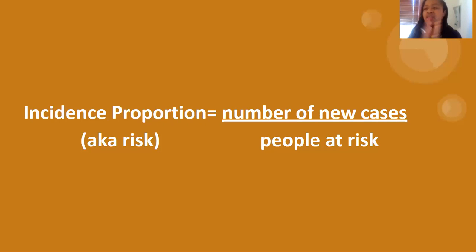Let's say again we had 1,000 people, but now what we would have in that top number is just the number of new cases. If people came into your study already starting off with kidney disease, we wouldn't be taking them into consideration because they're not at risk of kidney disease if they already have it.